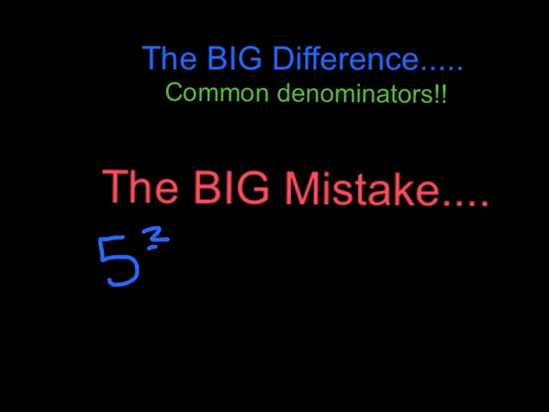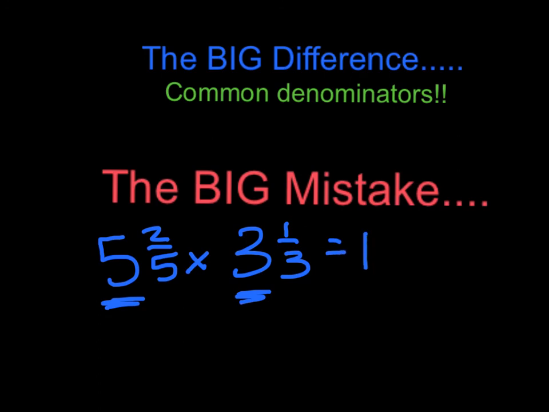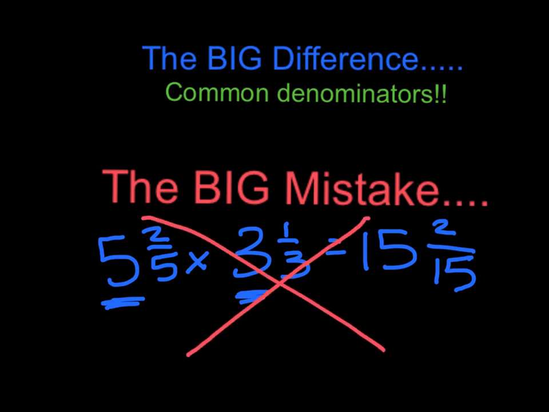On 5 2/5 times 3 1/3, a lot of people will just multiply the whole numbers and get 15, and then just multiply the fractions. So 2 times 1 is 2, and 5 times 3 is 15. This will not work, okay? Please do not do that. You must change them to improper fractions first.